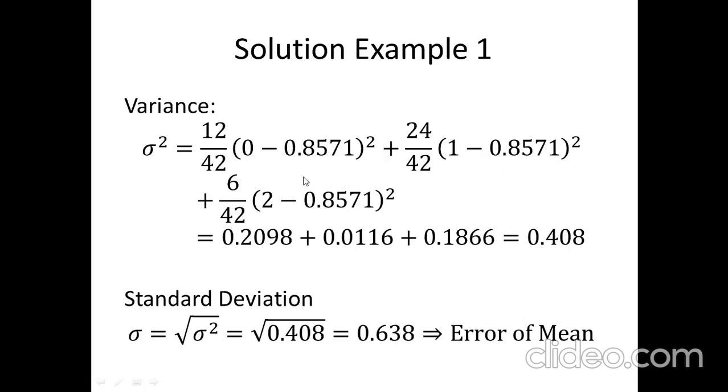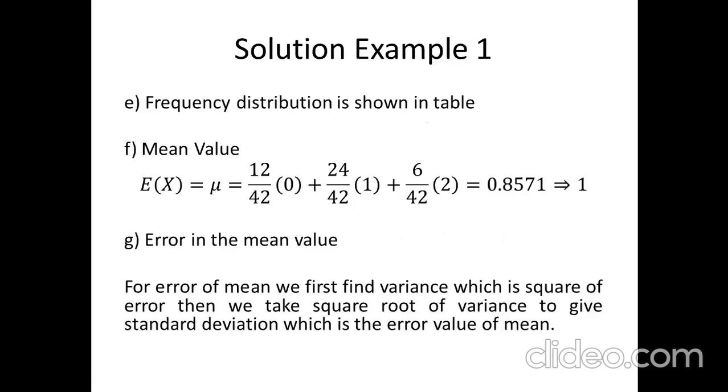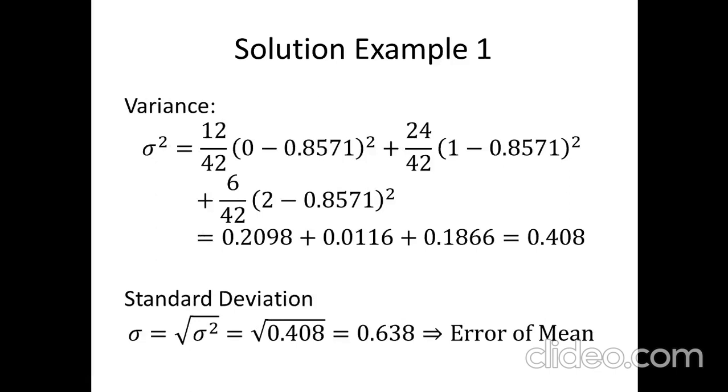When we find the differences, square them and multiply them with the probabilities, we get 0.2098 plus 0.0116 plus 0.1866. Because we had 3 groups, the summations are performed for 3 terms, in the variance as well as in the mean equations. And the resultant answer is 0.408.